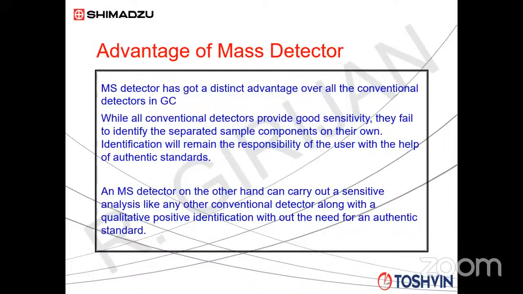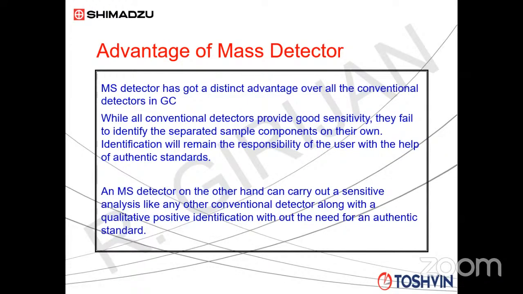Where are you going to get the standards from for all this? It is extremely difficult. So a normal conventional detector can only give a very good separation, but identification becomes a major problem. And that is the place where a mass detector is going to have an upper hand. It is going to score over all the conventional detectors.